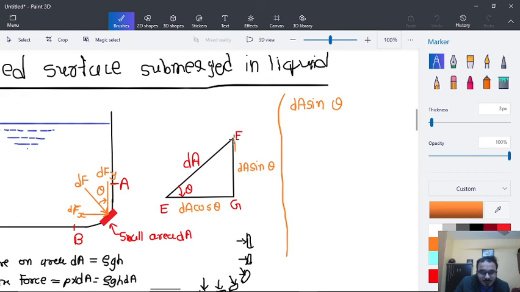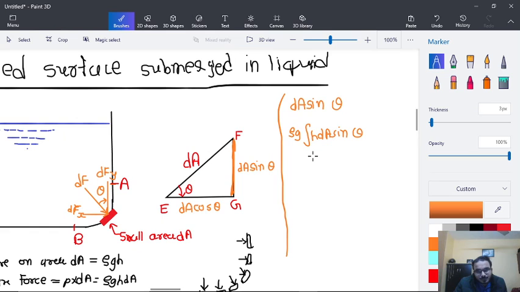It is a vertical projection of the small area dA. So the entire term, that is rho g integration h dA sin theta, here this will be the total pressure force.